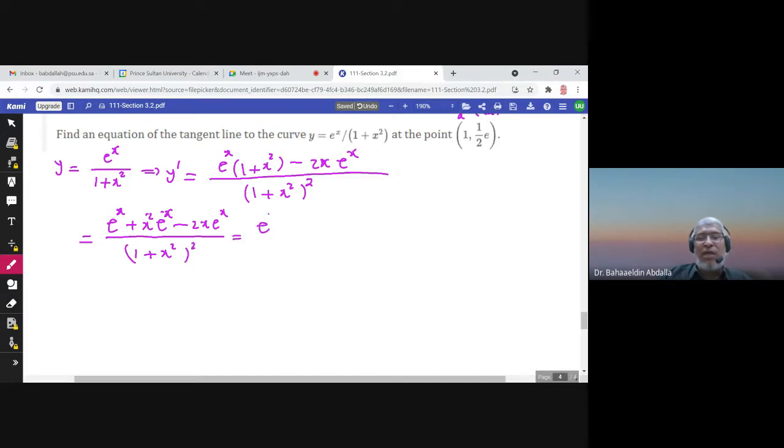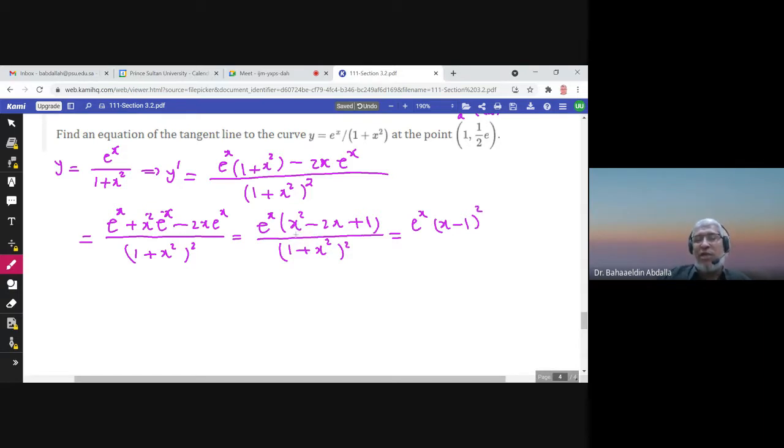I can take e^x as a common factor, and I will have x squared minus 2x plus 1 over 1 plus x squared to the power 2. And actually, x squared minus 2x plus 1 is x minus 1 all squared. This is a perfect square.